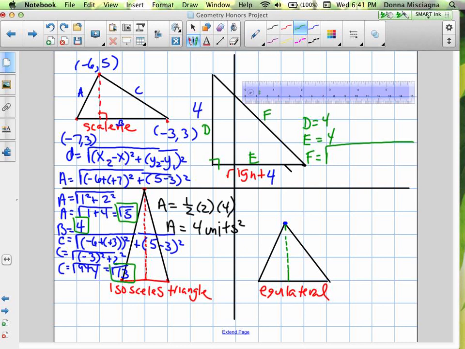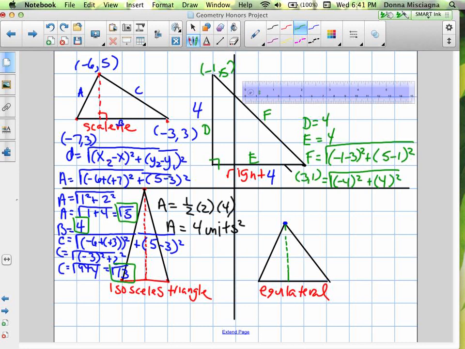All right, so this is the point 3, 1, and this is the point -1, 5. So then we have, and I'll start with -1, 5. So we have -1 minus 3 squared plus 5 minus 1 squared. So that's going to be -4 squared plus 4 squared.